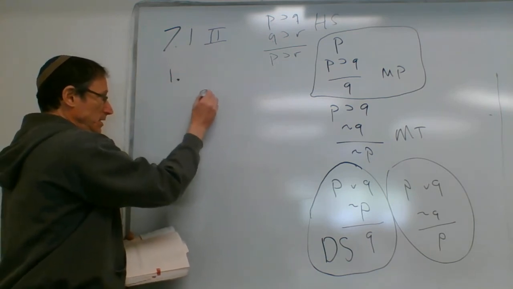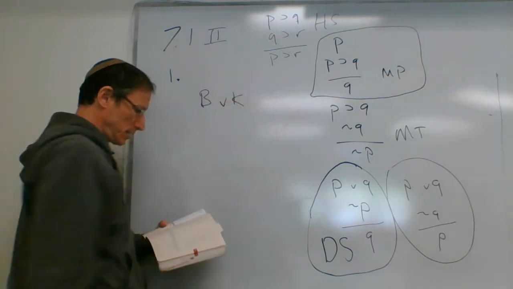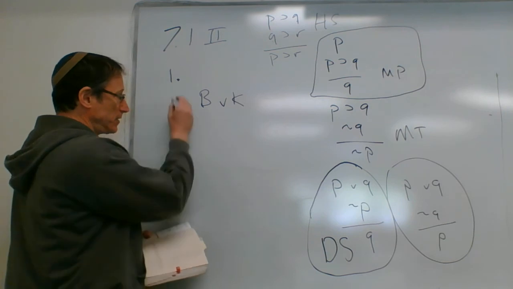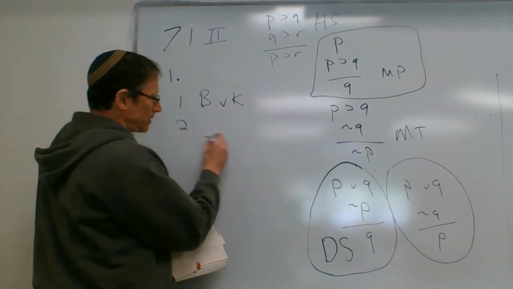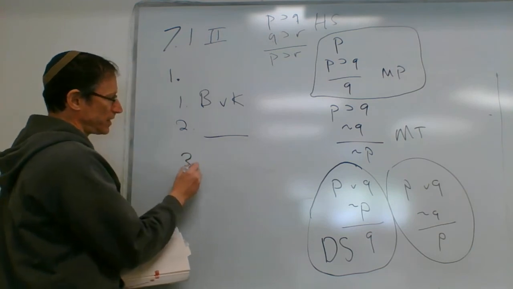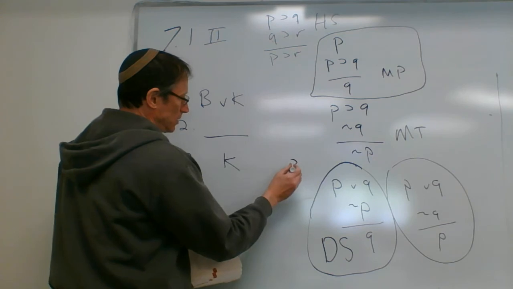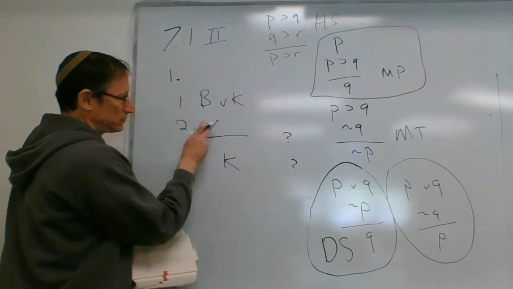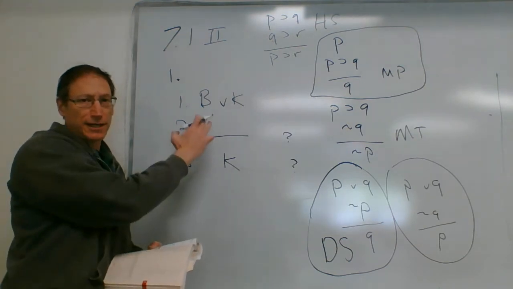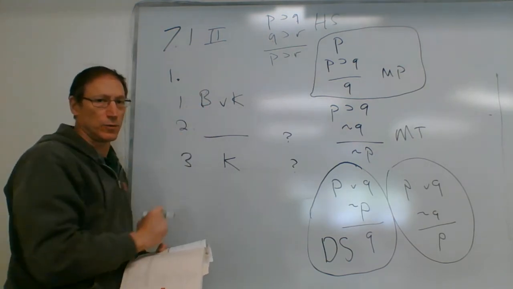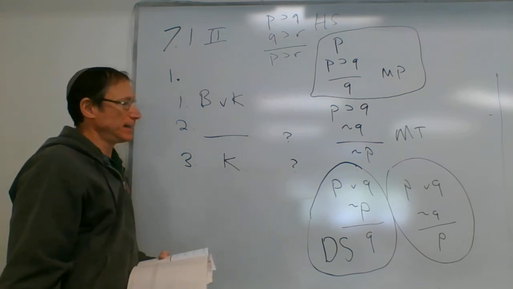Here we have B wedge K, and now we have step 2 blank, and the desired conclusion is K, and the question is, what would I need as my step 2 to get K out of 1 and 2, and by what rule would I be doing that?